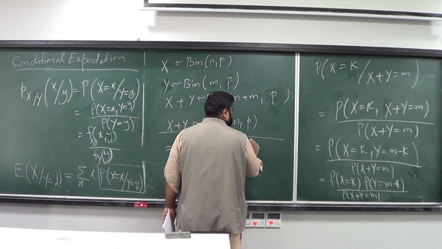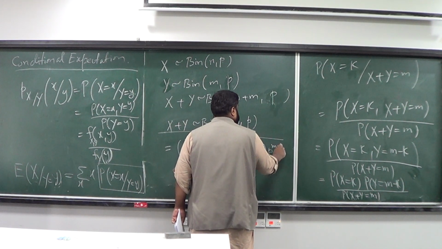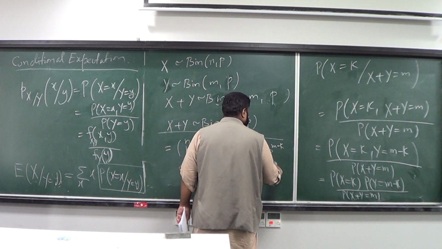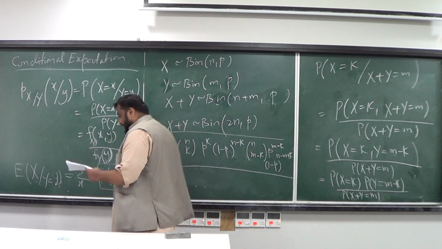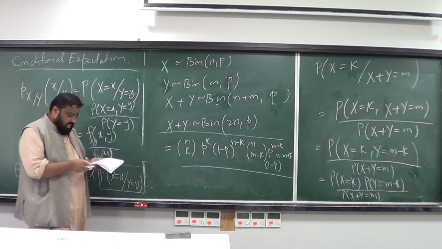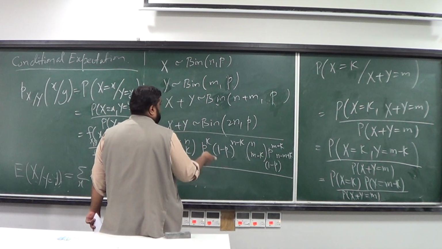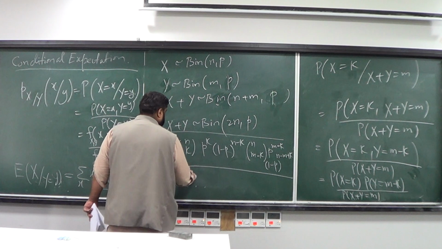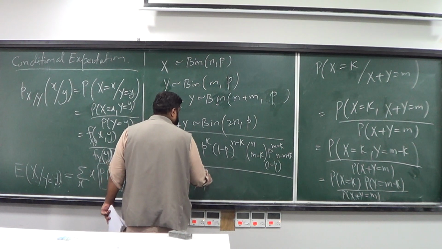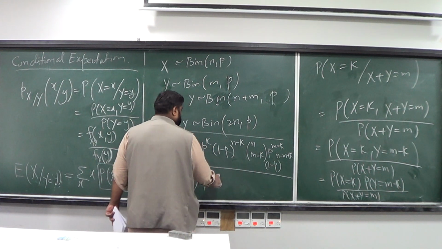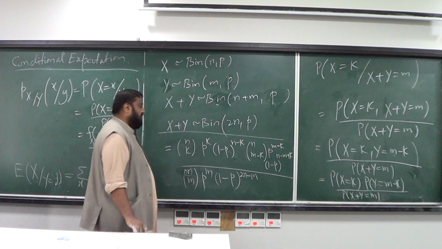The second is going to be n choose m minus k, p power m minus k, and 1 minus p power n minus m plus k, and everything divided by the probability of x plus y equal to m. So x plus y has a distribution 2n, so it's going to be 2n choose m times p power m, and 1 minus p power 2n minus m. Okay, so this is what it is going to be.